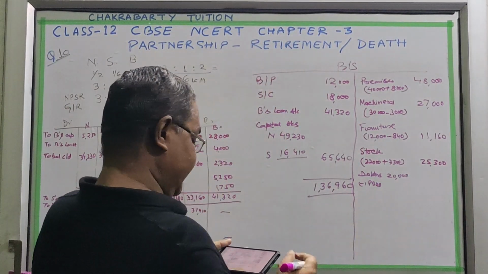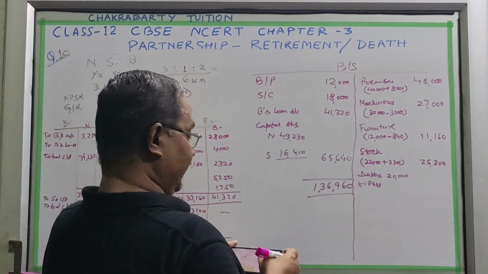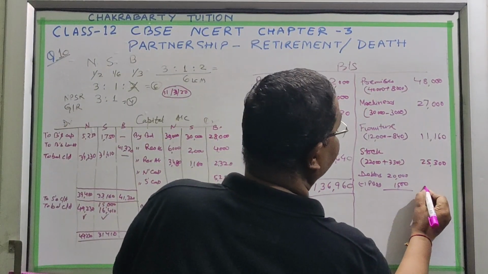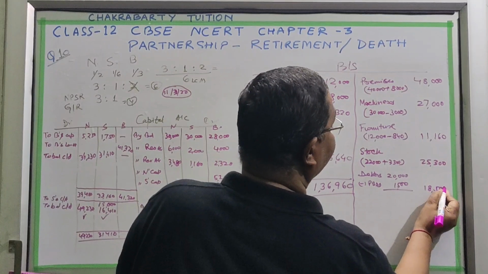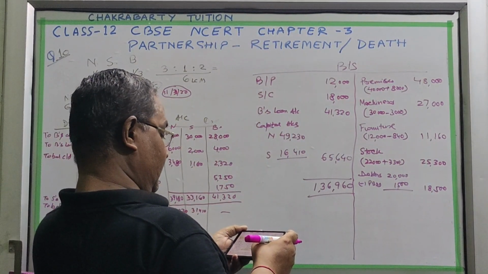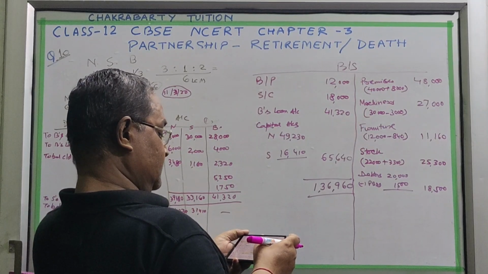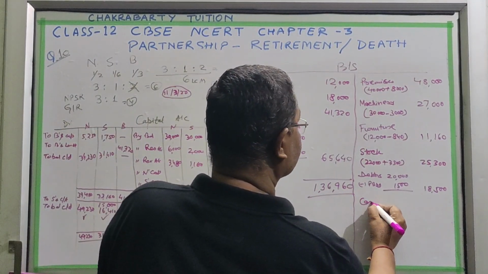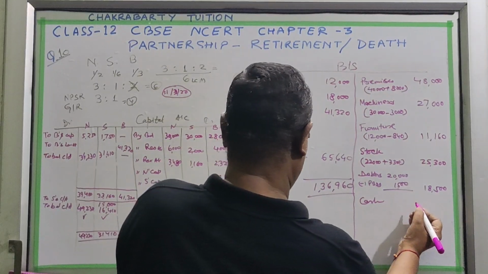We have increased it to 15%, so it will be 18,500. This amount will increase by 500 in the question, and then your cash comes. Last entry is cash 7,000.